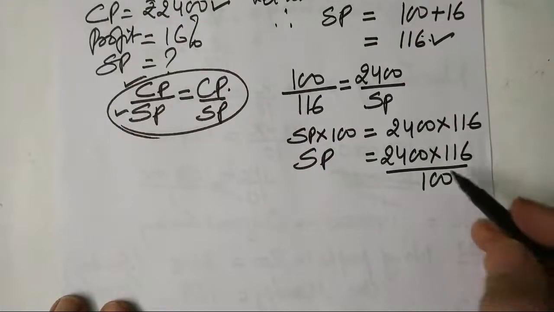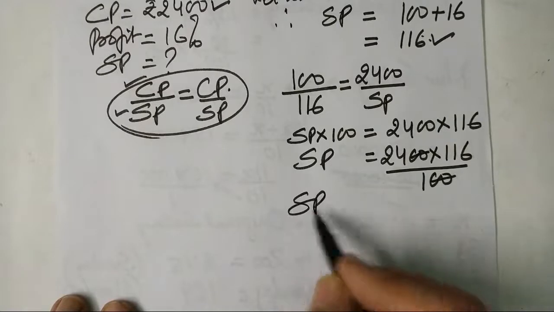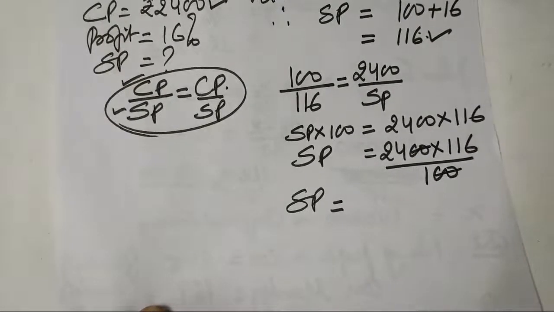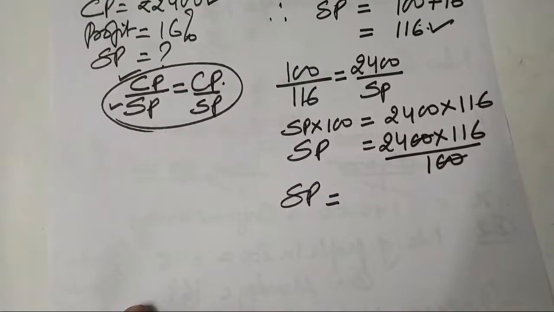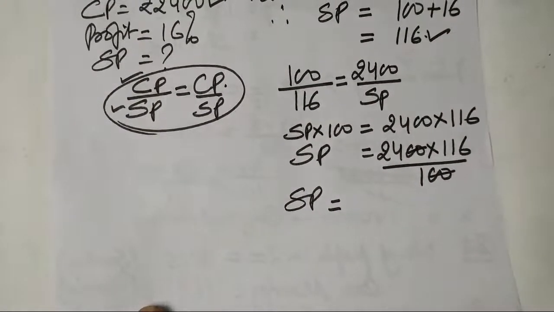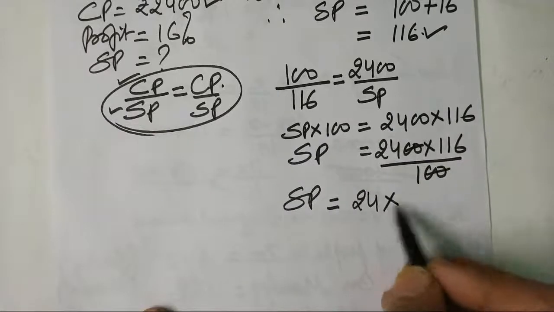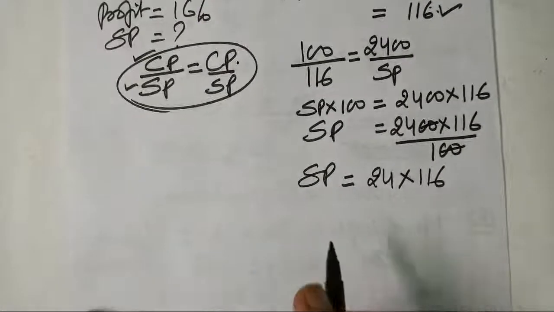And now you can see when I will divide, it will give me a number which is 24 into 116. So now it will become 24 into 116. So when you will multiply, you will get the answer.